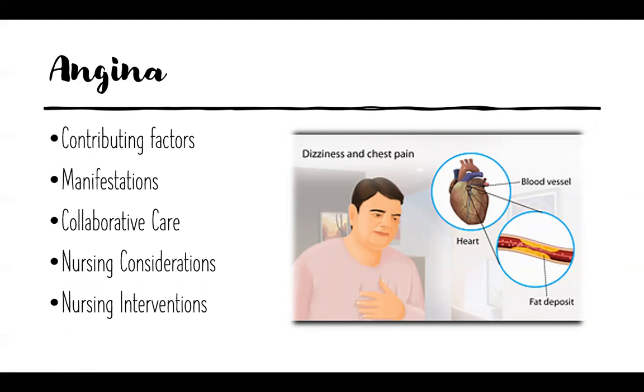So we have chronic stable angina, acute coronary syndrome, right? So when we think about chronic stable angina, this is chest discomfort, and it's kind of typical. It's usually relieved by a single nitroglycerin.